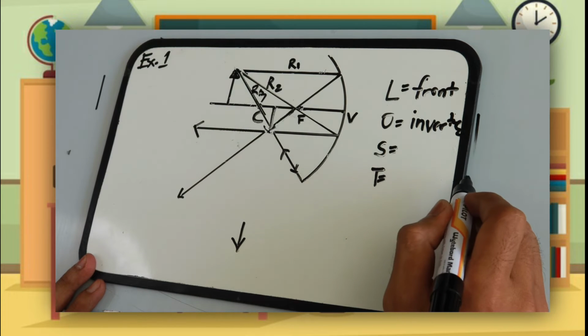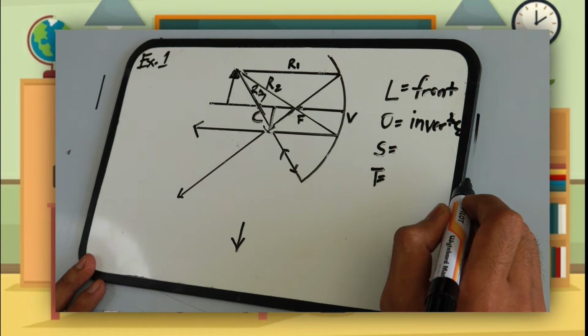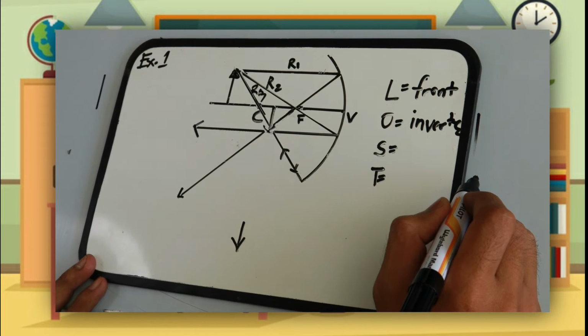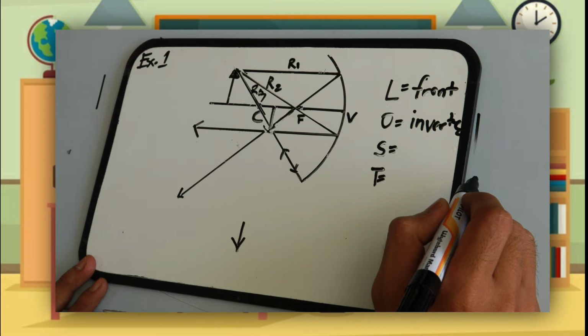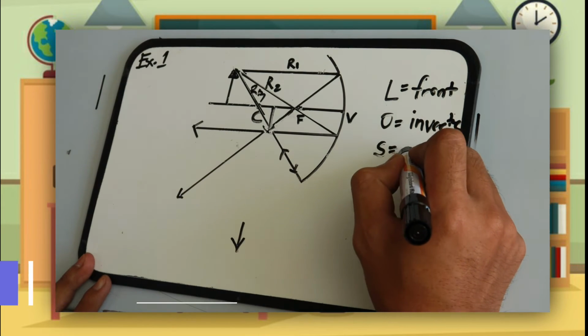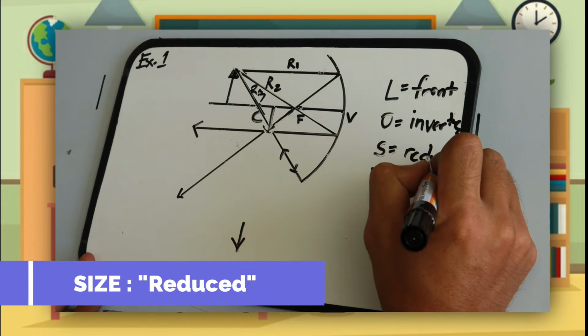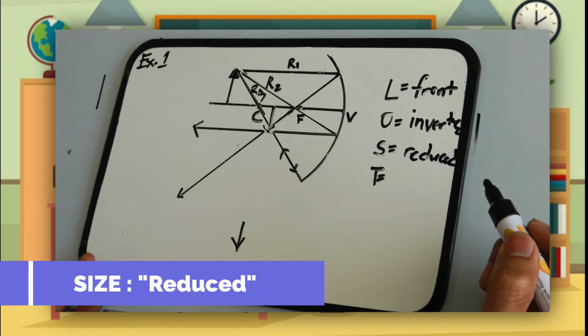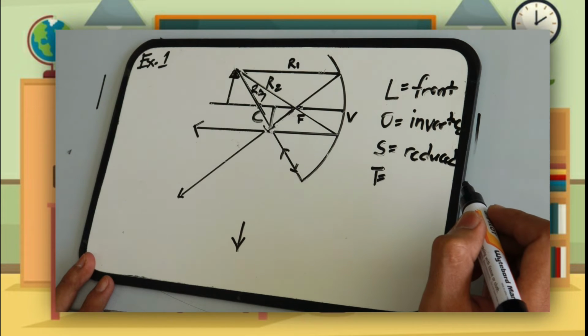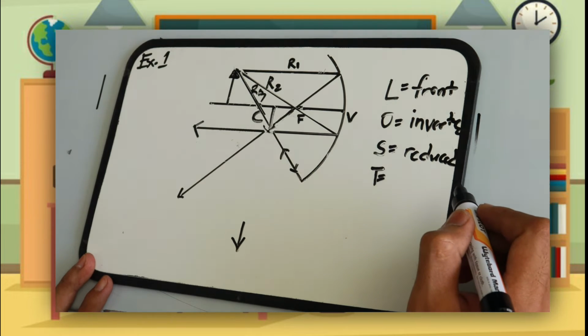Another one, S. S stands for the size. As you can see, you will notice that the image from the object seems like it is being reduced. So therefore, we will write here reduced. Then the T is what type of image is being formed.